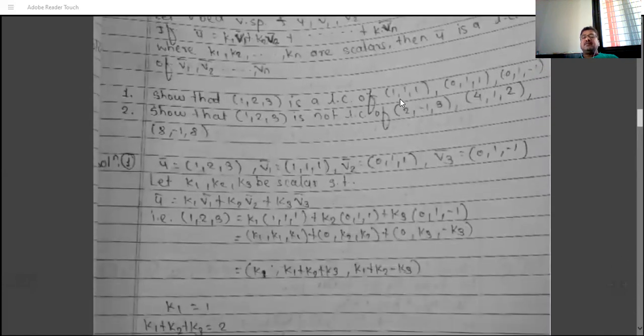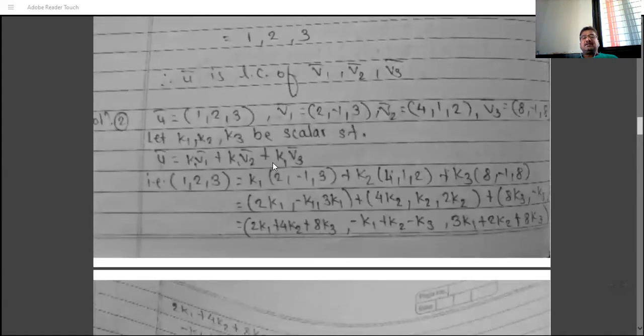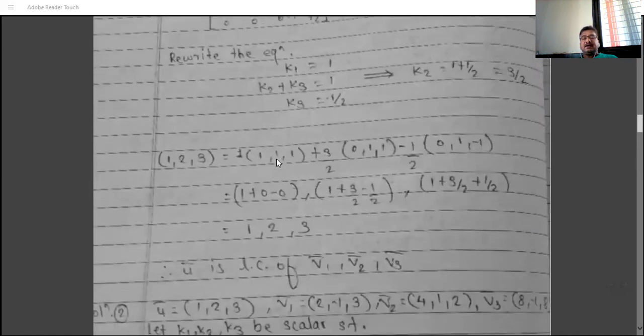These two examples show the whole idea about linear combination. When we say one vector is a linear combination of the remaining three vectors, or two vectors, or four vectors, it means the values of K1, K2, K3 exist, either unique or infinitely many.